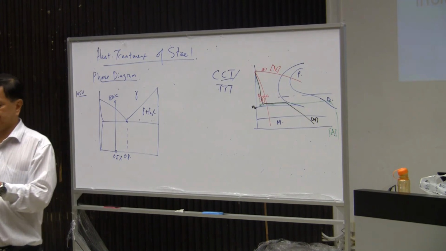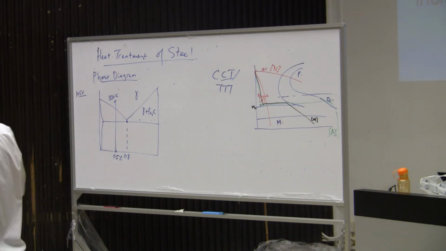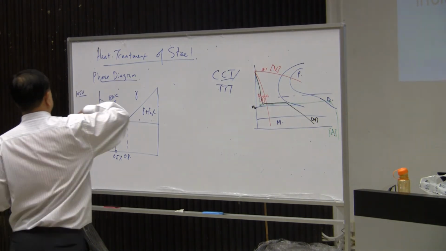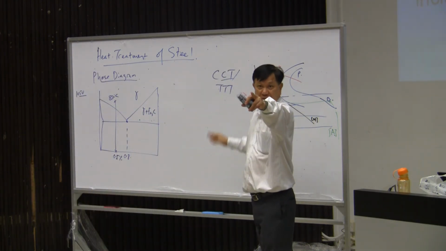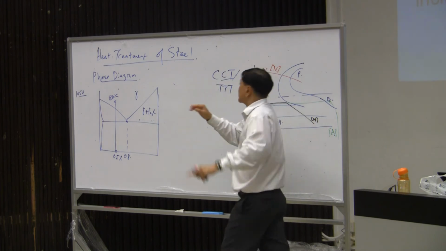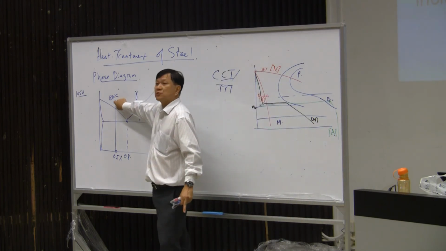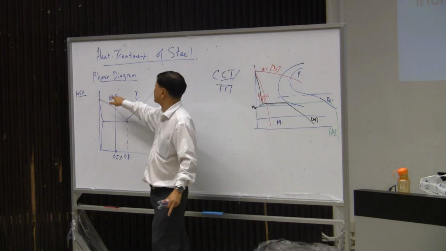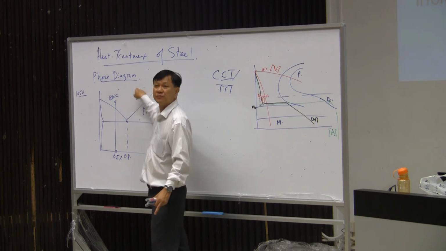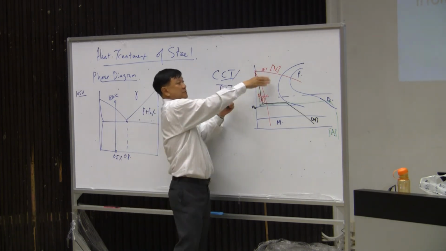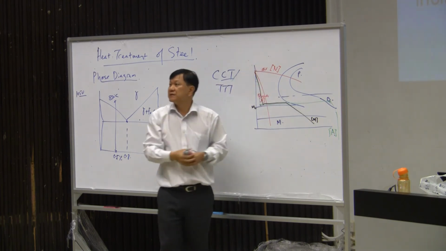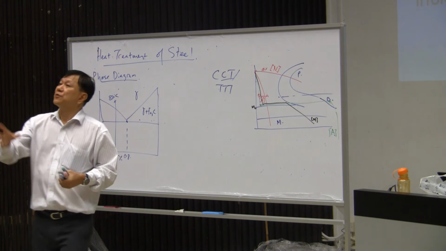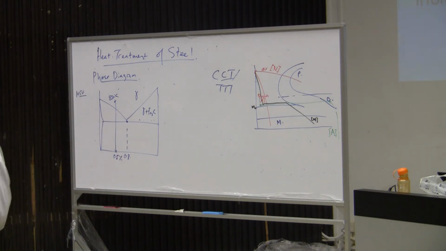Okay? But for you to do all these processes, you must first heat up to what? Austenitize your steel first. Can you see it now? You must start from austenitizing, then you do this. So for heat treatment, you can refer to these two types of diagram.